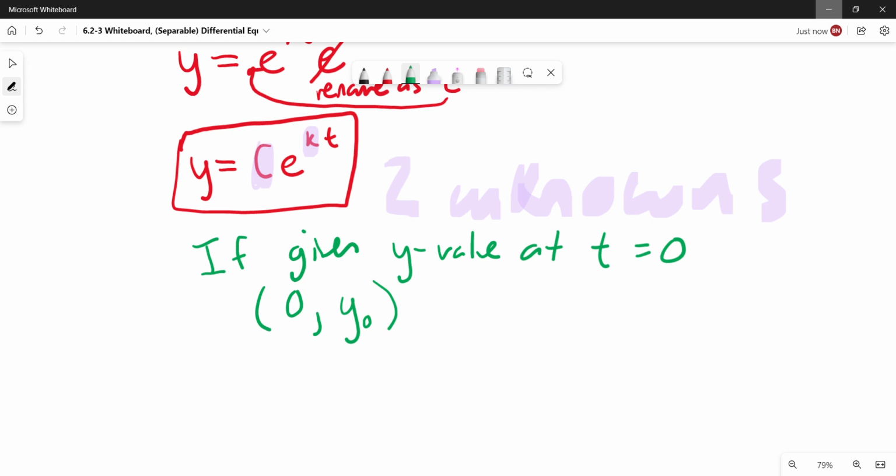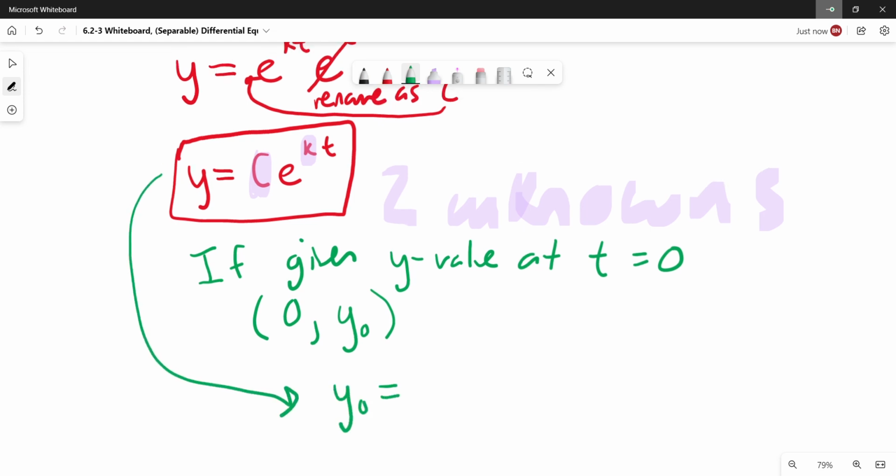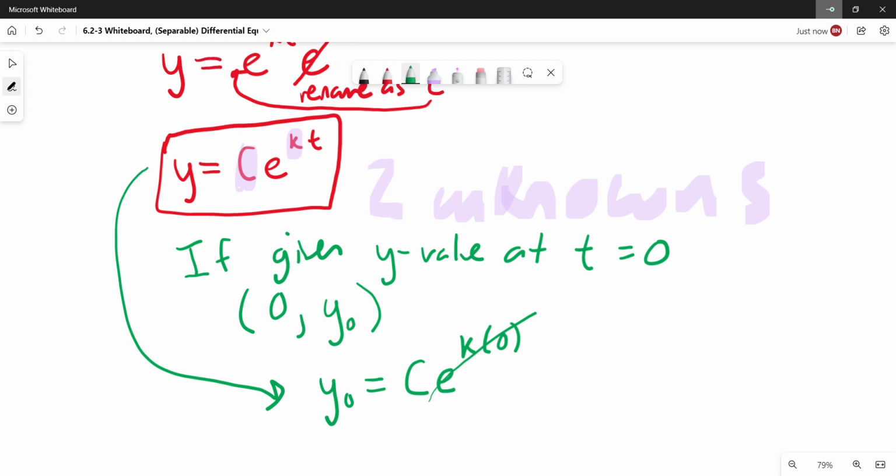If you're given that, notice when you plug it in here, you're going to get y naught equals c e to the k times 0, which is e to the 0, which equals 1. Therefore, y naught equals c.